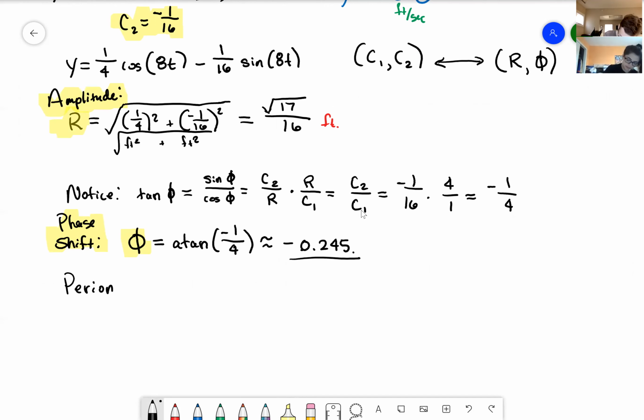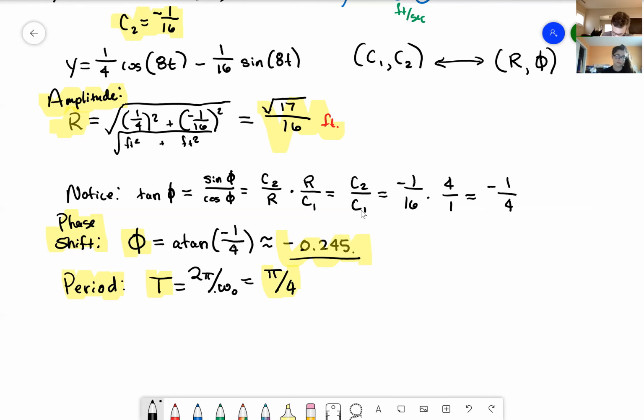And then our period, nope, not how you spell period. So the period is 2 pi divided by omega 0, and omega 0 was 8. We get a period of pi over 4.